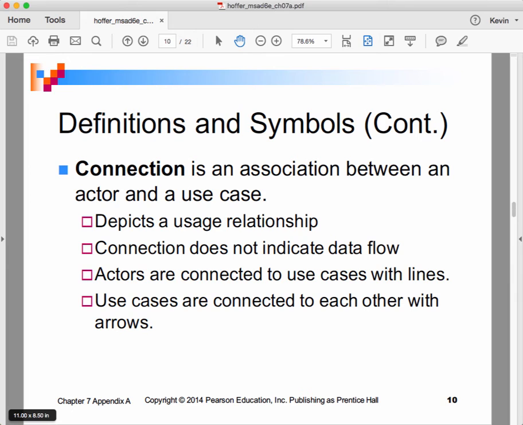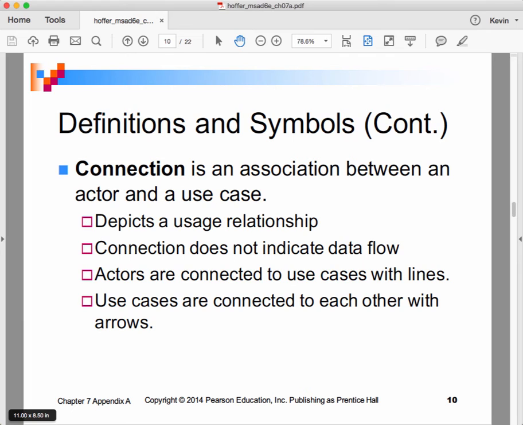The connection we talked about already, that's the line that goes between the actor and a use case. It depicts a usage relationship. It does not indicate data flow. Okay? That's where people just get sucked down the data flow path. Actors are connected to use cases with lines.